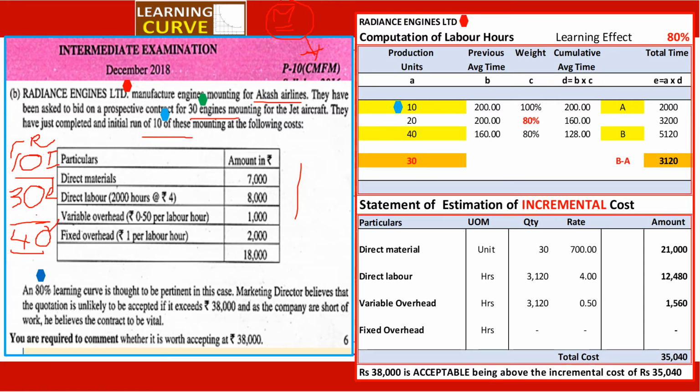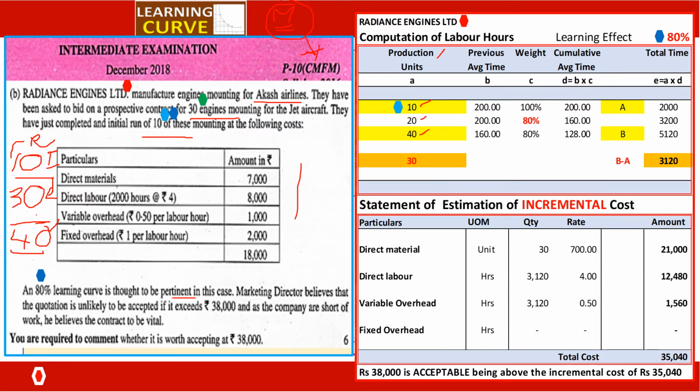Taking that into account, we will go ahead, and an 80% learning curve is thought to be pertinent in this case. We take 80% learning. We know 10 and 30. Now, we have always known that when you go for production of units, here you are starting with the 10, it should always double: 10, 20, 40.